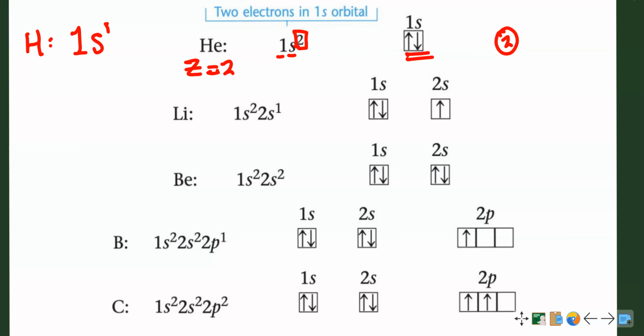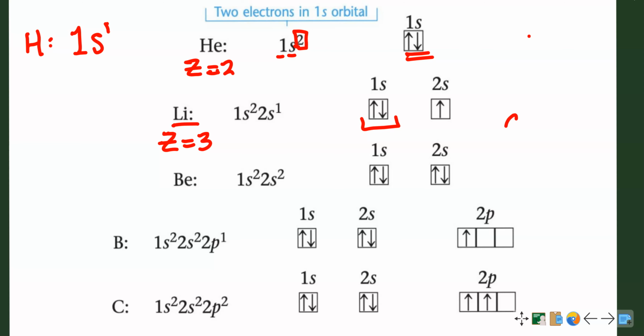The problem comes when we get to lithium. Lithium has an atomic number, or Z, of 3. Now those first 2 electrons are going to look like helium's. But then we've got that 3rd electron that needs a home. I'm going to draw it this way instead.